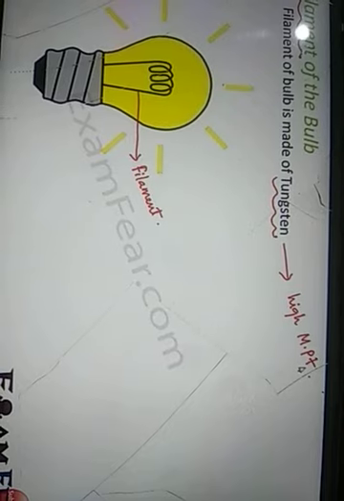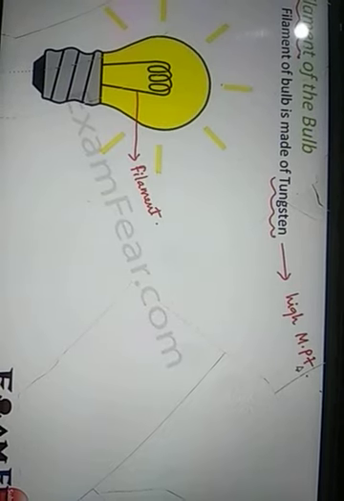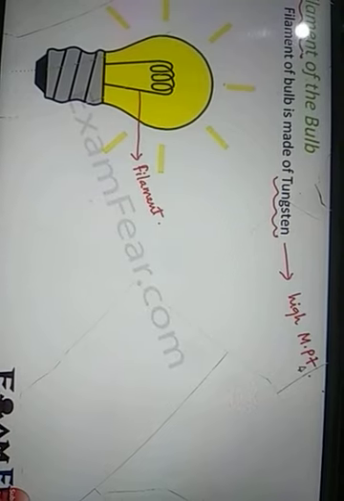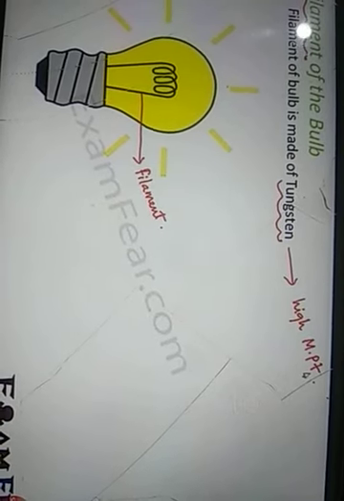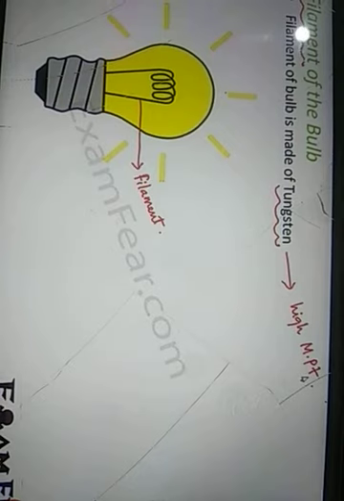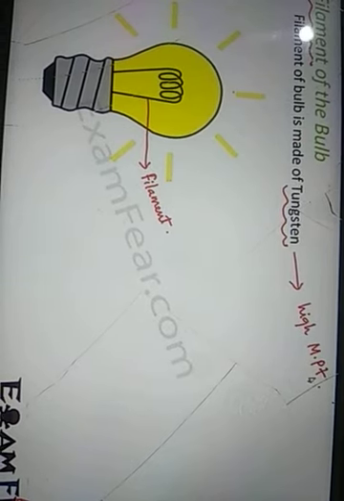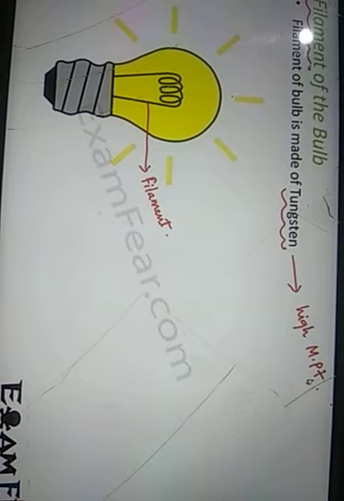Okay. There is a disadvantage of tungsten also, that it can catch fire very easily at such a high temperature in the presence of oxygen. Since it is being heated so much, if a little bit of oxygen is present, then it will catch fire.